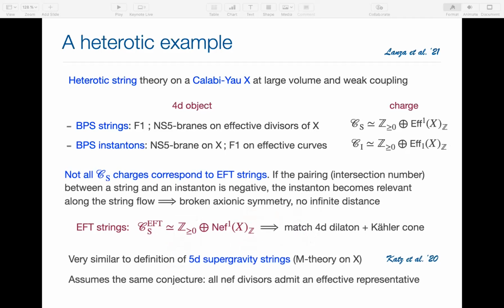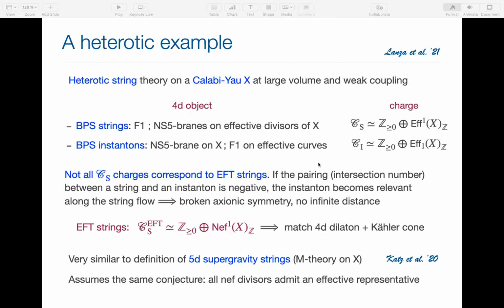The first thing that one learns is that not all the charges that appear here, not all the effective divisors, are what we were calling EFT strings, because we need the pairing between the strings and all these instantons to be positive. Otherwise, there will be some instanton that, when you go along the string flow, will become super relevant, and it will largely break the axionic shift symmetry. You will not be at weak coupling, and everything will go to hell.